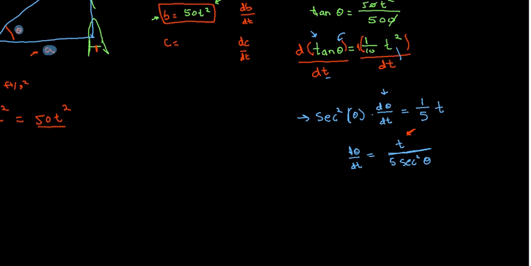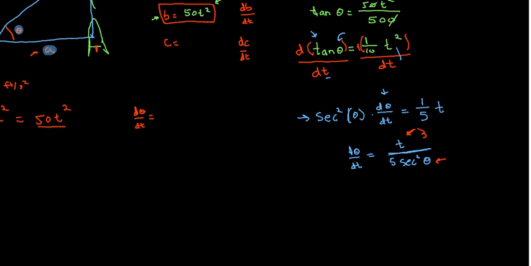Let me rewrite our equation over here. d theta dt is equal to 3 over 5 times secant squared of some number. And we've got to find that theta.